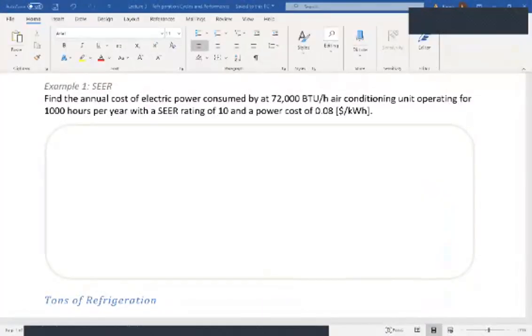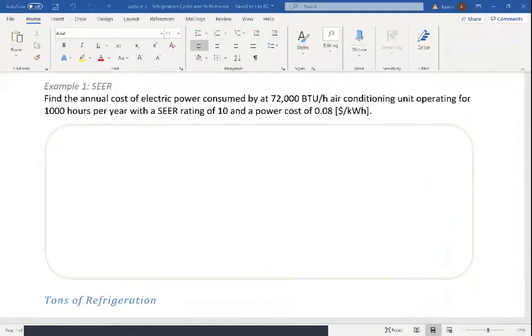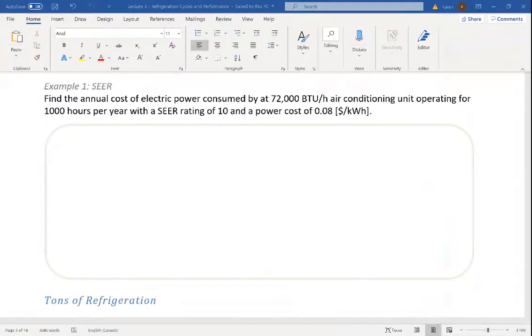EER and SEER are metrics that are used. They are a rating system commonly used to rate the efficiency of air conditioning systems instead of using the coefficient of performance. The coefficient of performance uses your thermodynamics to accurately calculate a type of capacity or efficiency.